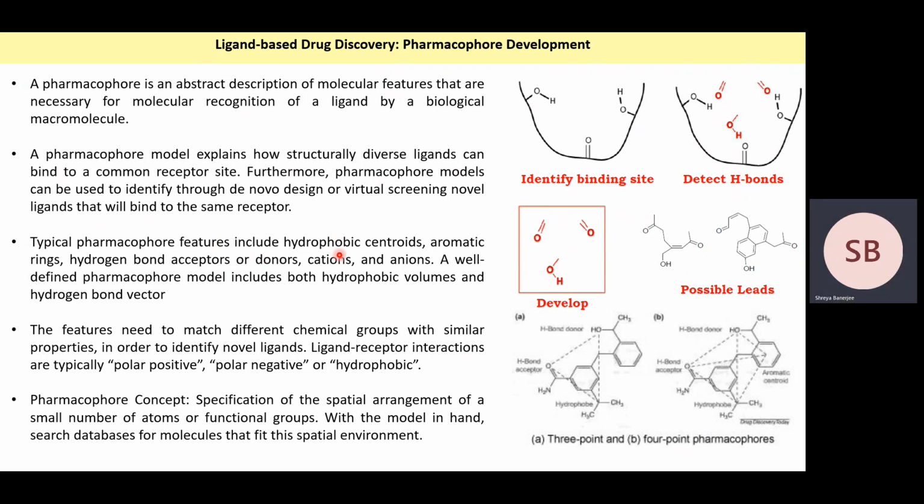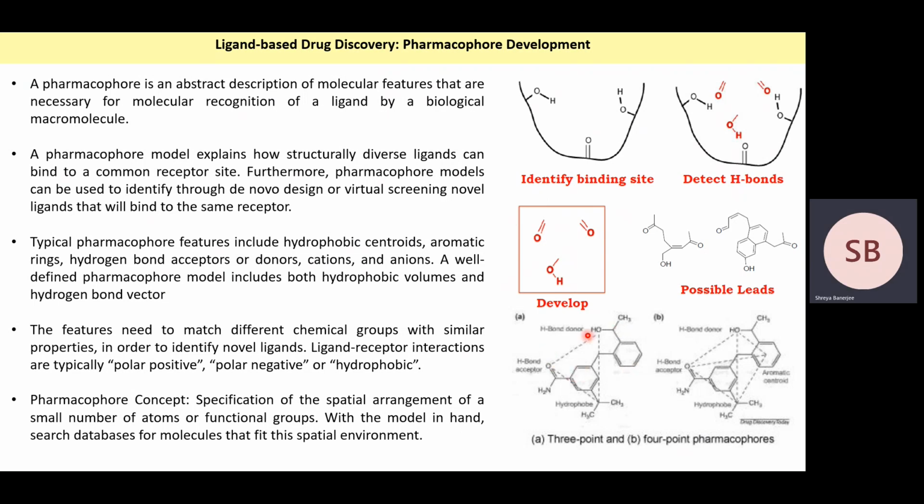Typical pharmacophore features include hydrophobic centroids, aromatic rings, hydrogen bond acceptors or donors, cations, and anions. A well-defined pharmacophore model includes both hydrophobic volumes and hydrogen bond vectors. So you can see, the pharmacophore features here are 2 hydrogen bond acceptors and 1 hydrogen bond donor.